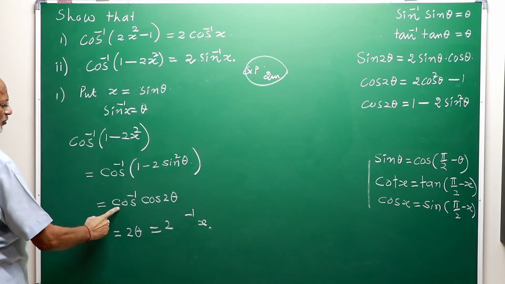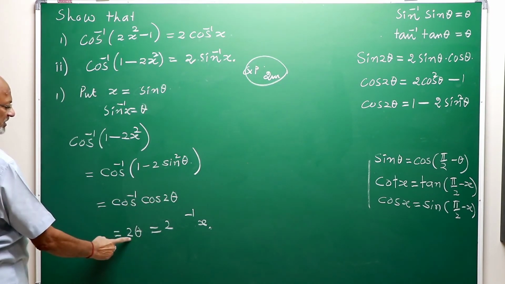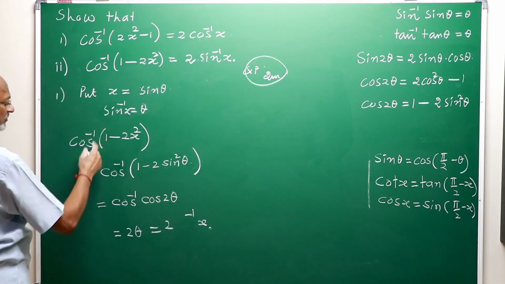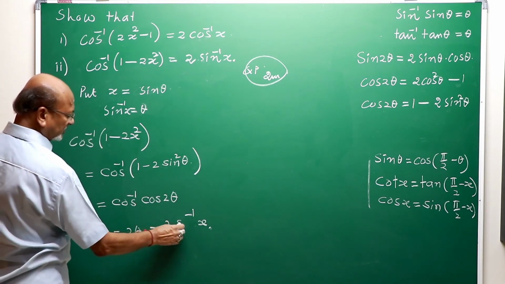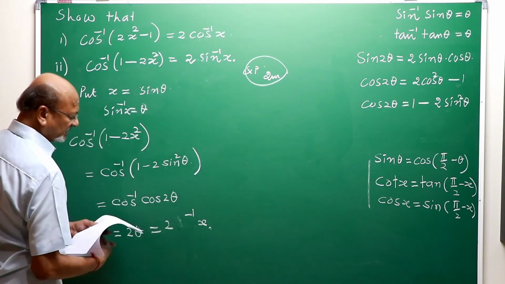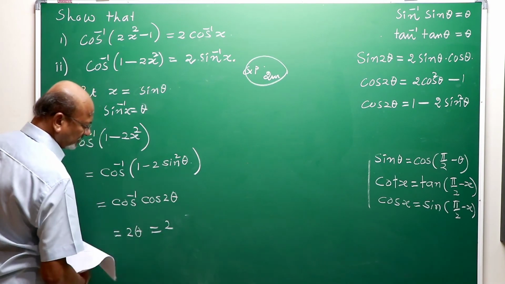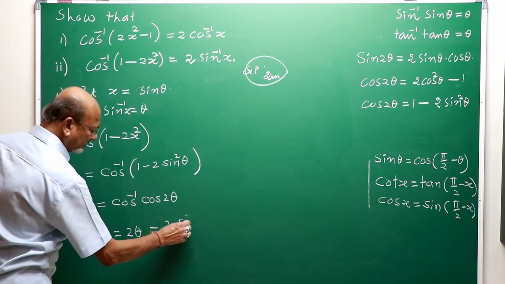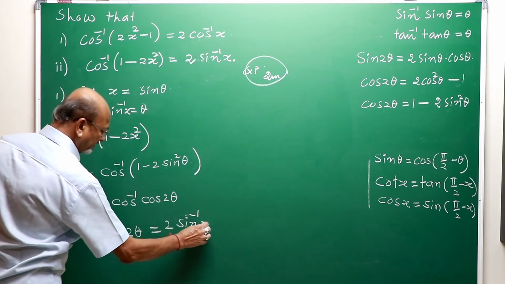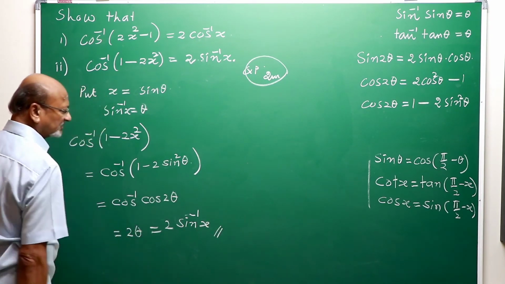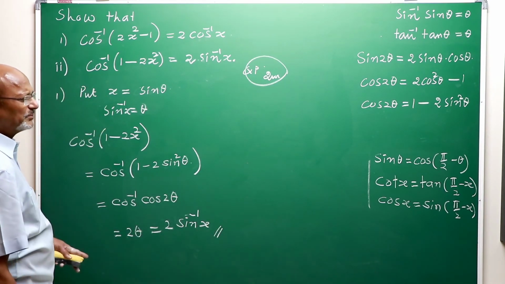Cos inverse of cos 2 theta is 2 theta. Theta is what in this case, my friend? Sin inverse x. This is RHS.